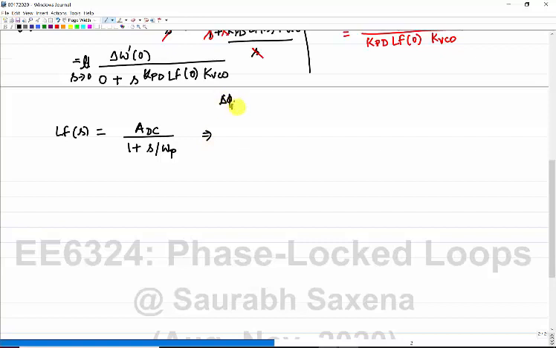Where your input phase step is phi in of t equal to delta phi in of 0 times u of t, in this particular case, delta phi error of t as t tends to infinity is going to be equal to delta phi in of 0.